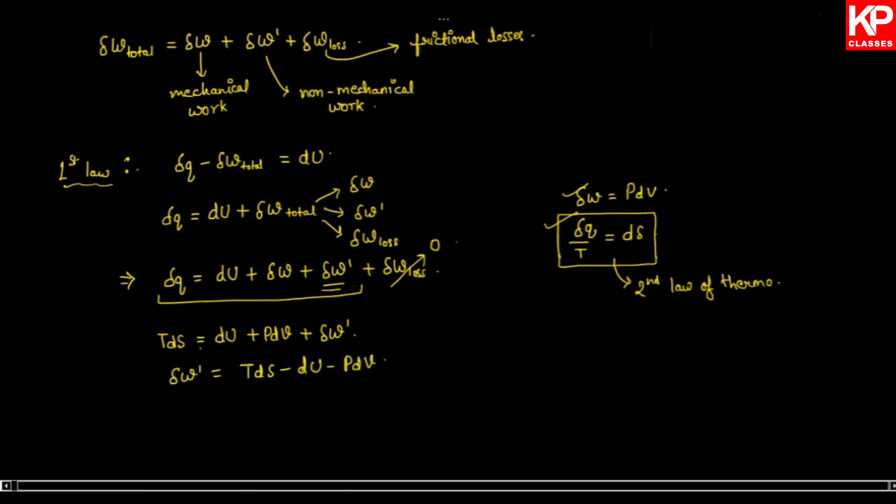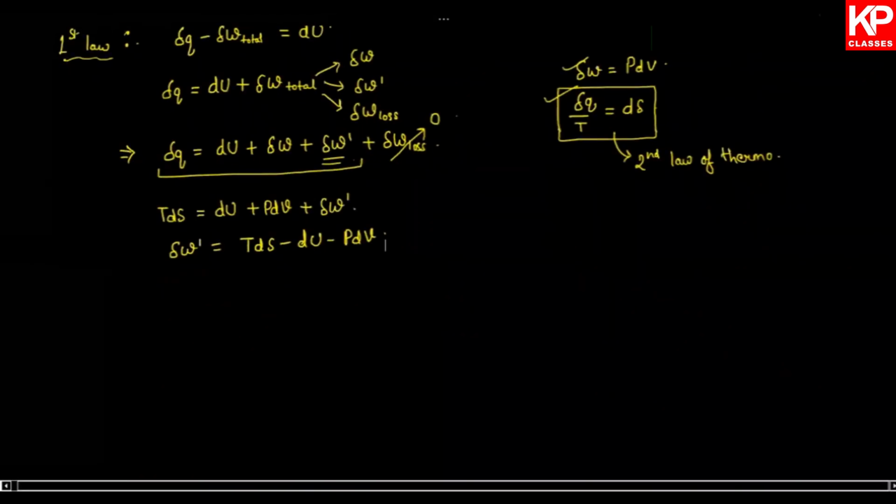Clear? I hope there is no confusion. I have just put up the expressions that we already know. We have already come up with these equations. And the change in entropy part we will deal with in the second law of thermodynamics, where I will be explaining more about it.